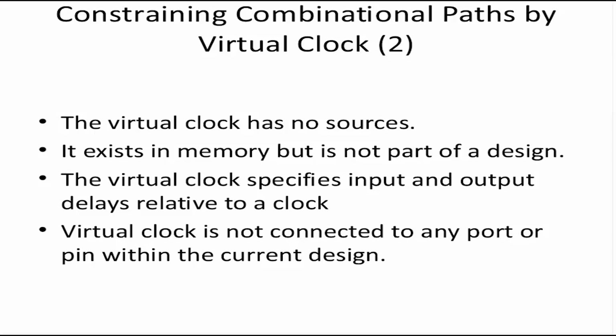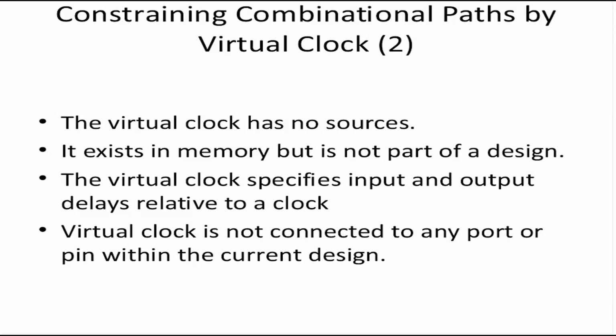You can, however, define input delays and output delays with respect to this virtual clock. Now, set input delay and set output delay commands should always be used with some clock. They should always be used in conjunction with some clock. This clock could be a real clock or a virtual clock, as the case may be.